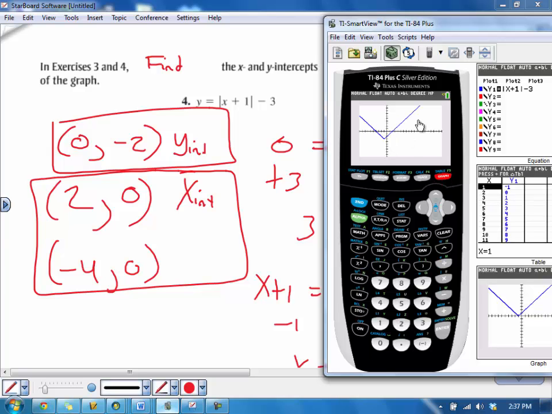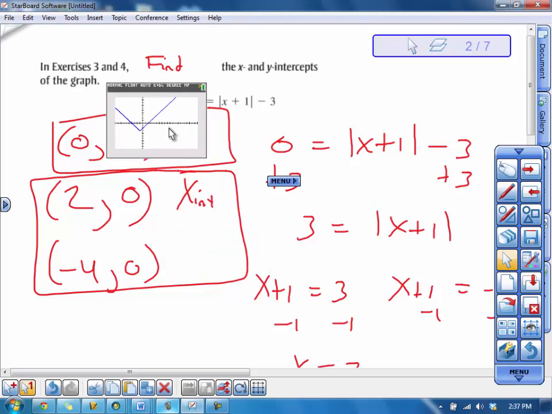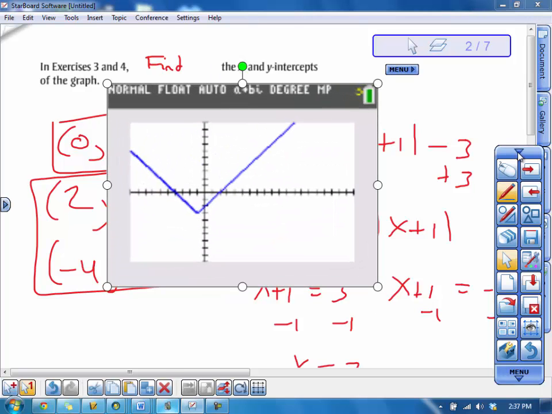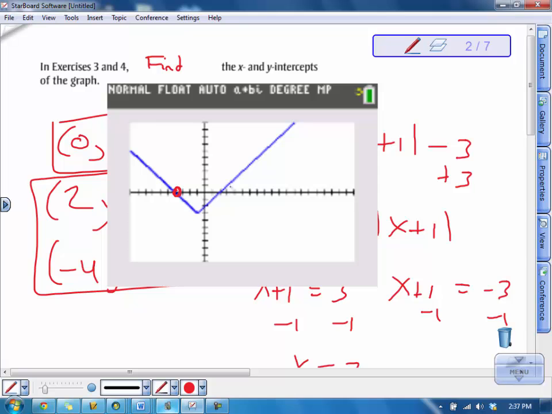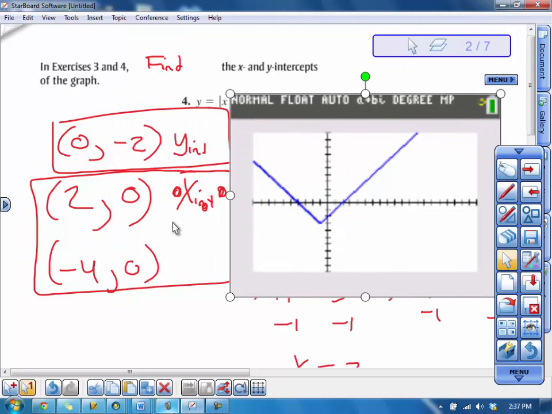Then I could zoom in on this, but we got the right answers. The x-intercepts are at negative 4 and 2, and the y-intercept at negative 2, which is exactly what we got here. X-intercepts at 2 and negative 4, and y-intercept at negative 2.